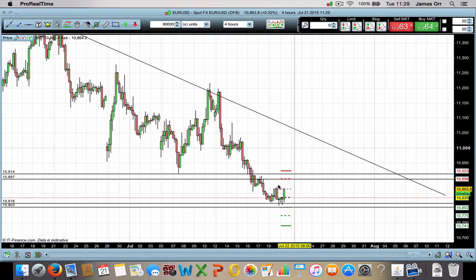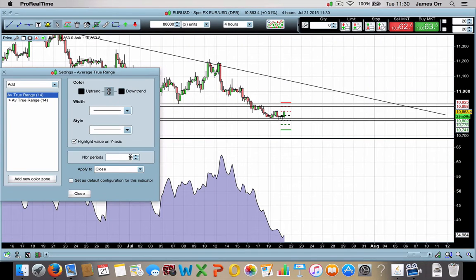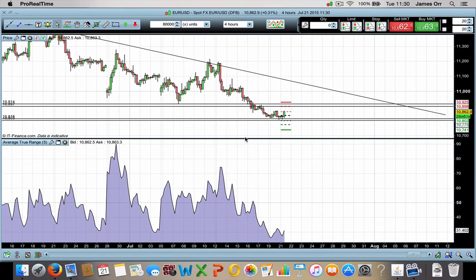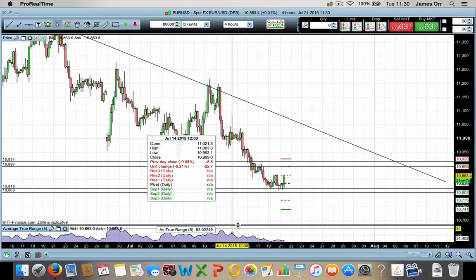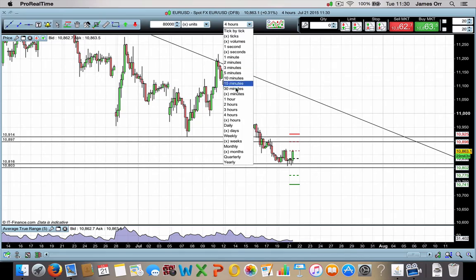If it's a market that you don't trade very often, what I will do is I will attach an ATR to the daily time frame, and I'll just drop it down to 5 periods. Make it a little bit smaller here. And what I'll be looking at is, let me just go to the daily time frame.